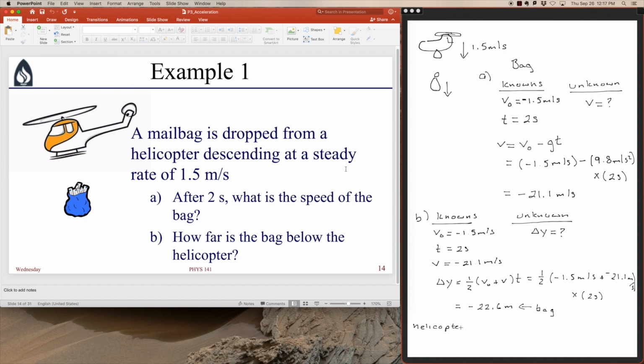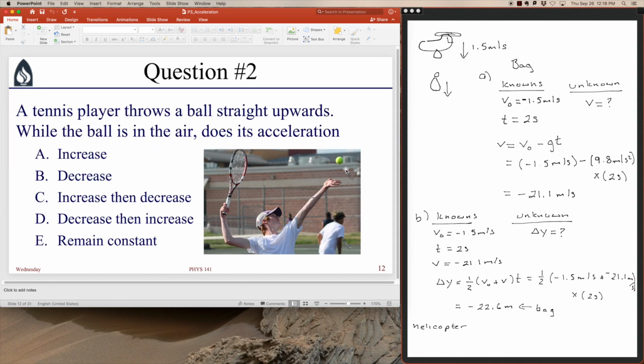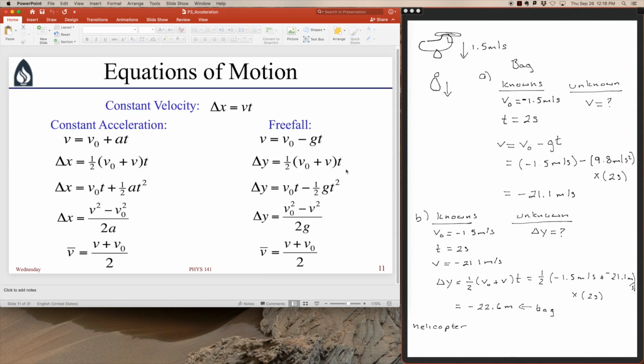Now the helicopter was not accelerating. The helicopter is descending at a steady rate of 1.5 meters per second. So that means that if it's going at a steady rate, its velocity is not changing. It's moving at a constant velocity, so I can use the constant velocity expression. Now in this case, the helicopter was descending in the y direction, so instead of delta x, I'll use a delta y.